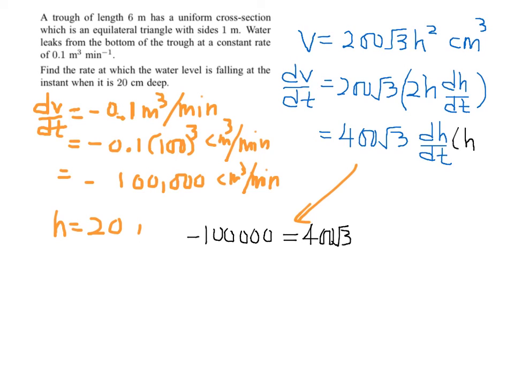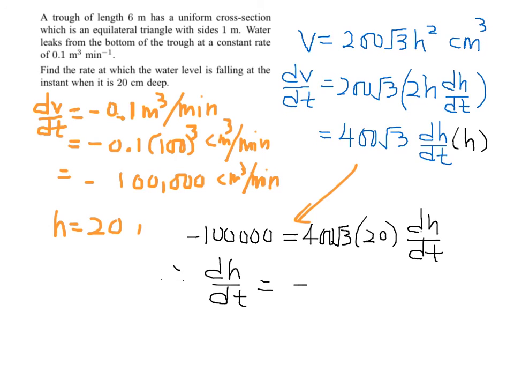There's supposed to be h here, because after we simplify and replace the h with 20, we have dh/dt, because there's nothing we can replace it with, and in the end we'll have dh/dt equal to, if you perform the simplification, negative 25 over 6 square root of 3, and this is in cm per minute.